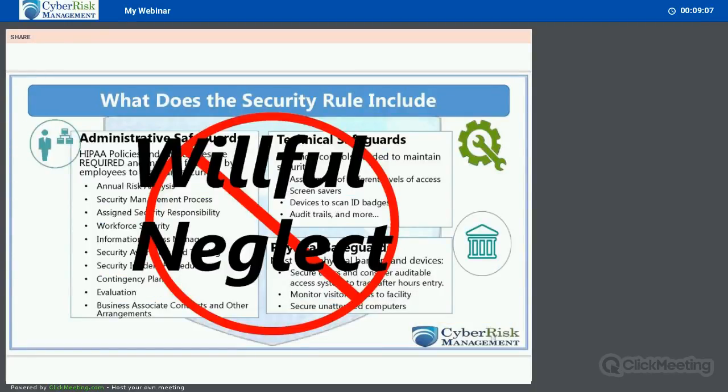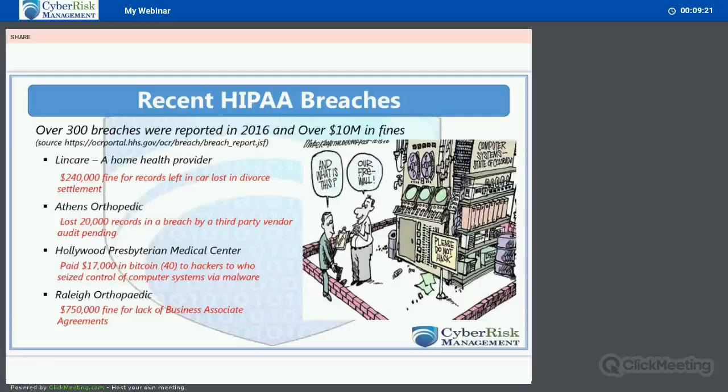So I briefly talked about administrative, technical, and physical safeguards. And if your organization is not diligent, doing your due diligence on all three of those areas, you will be found guilty of willful neglect. I will get into more detail on that momentarily, but let me tell you about some companies who were found guilty of willful neglect or who did not put their due diligence into the safeguards on the previous slide.